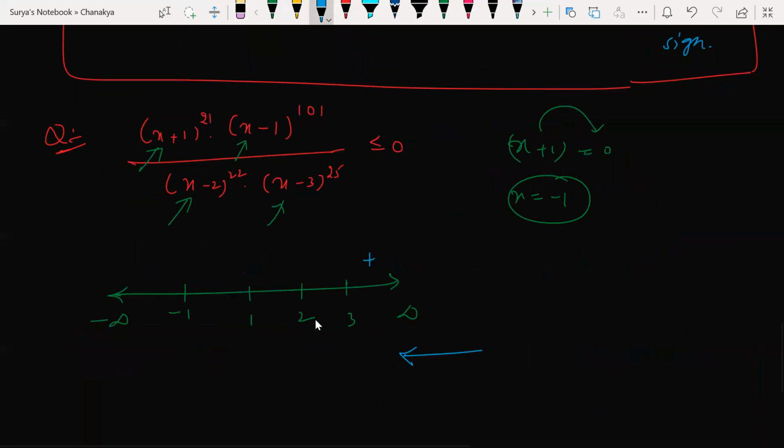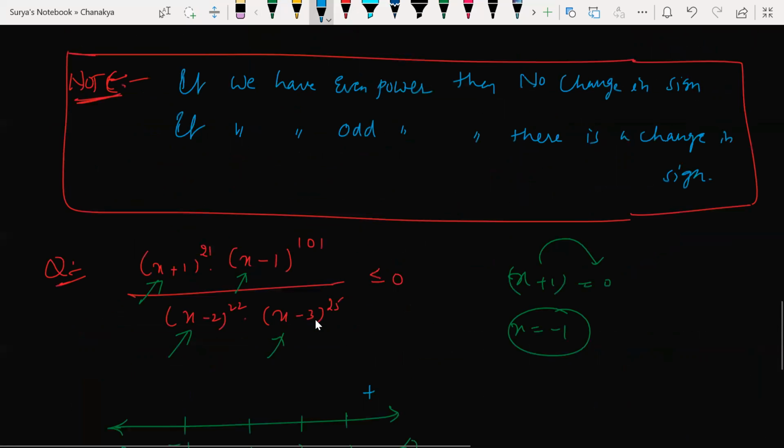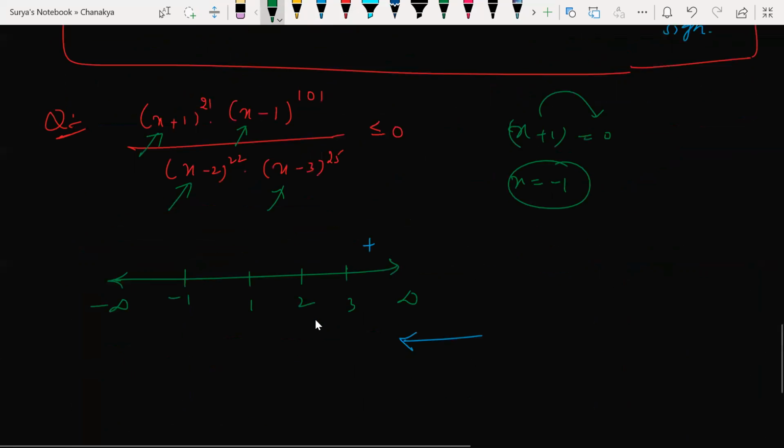But here, all the powers are not odd. There are even powers as well, right? X minus 1 to the power of 22. Just now I told you, when you have even power, there is no change in sign. When you have odd, there is a change in sign.